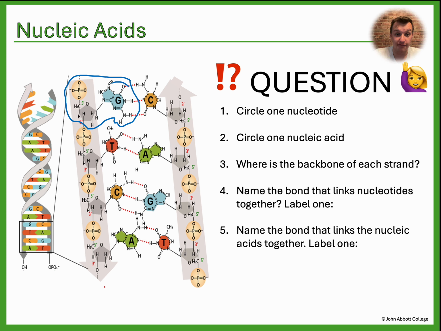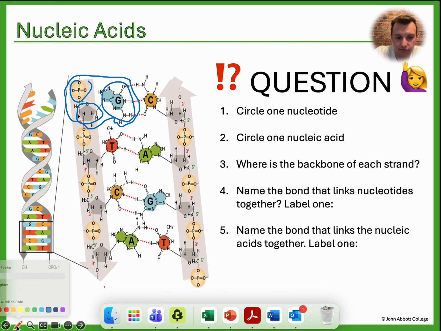Do you see all of this here? That's my nitrogenous base over here, right? I have my sugar and my phosphate. Remember, a nucleotide is made up of a sugar, phosphate, nitrogenous base, right? And we have those three elements here.